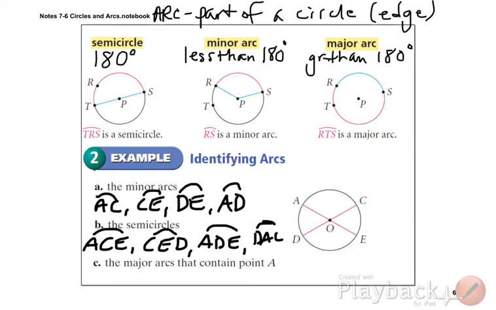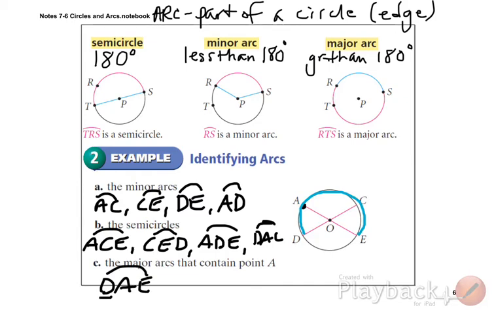And last, we're going to look at the major arcs that contain point A. So there's point A. We want a major arc that contains that point. So it's got to be bigger than a half circle. So what about that arc right there? That works. That would be arc DA, and we'll name it DAE.